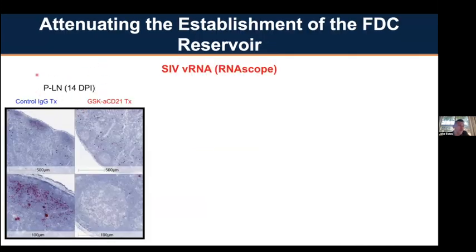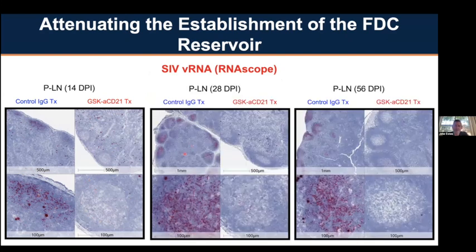So when we look as early as 14 days after infection, so after 1 injection of antibody, here's the controls. We see a substantial amount of virus that's already deposited on the FDC network, and we can see a substantial reduction. And then when we look over time at 28 days and 56 days or 8 weeks, we see that this persists.